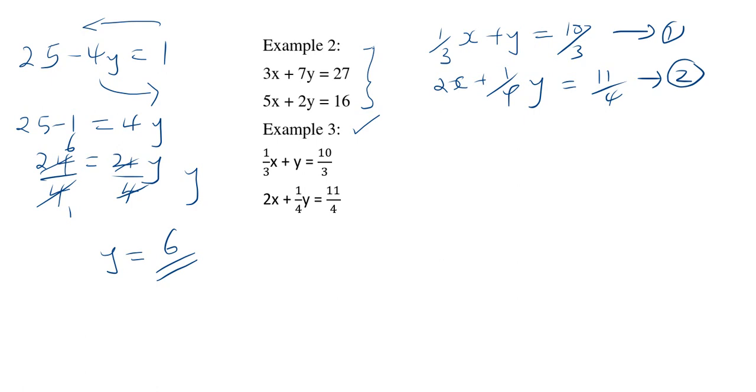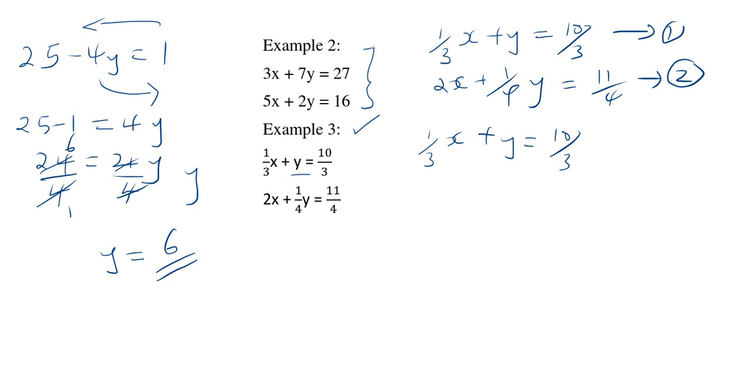So these are our original equations, we can rewrite them by removing the fractions. So let's start with 1, for example. We have 1 over 3 x. If you want to make it simpler, first you can remove the fractions. So that x plus y is equals to 10 over 3.